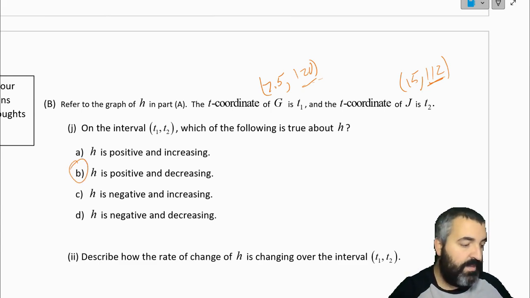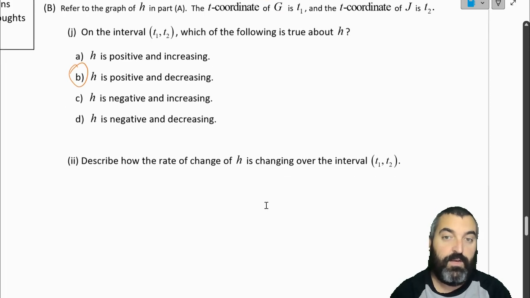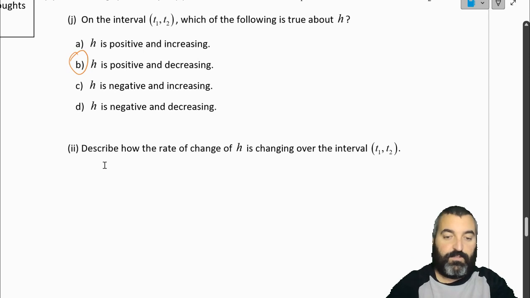Okay. And then the third question, which is really part of part B, describe how the rate of change is changing over the interval T1 to T2. So the rate of change, and this one I'll just type because my handwriting is atrocious.